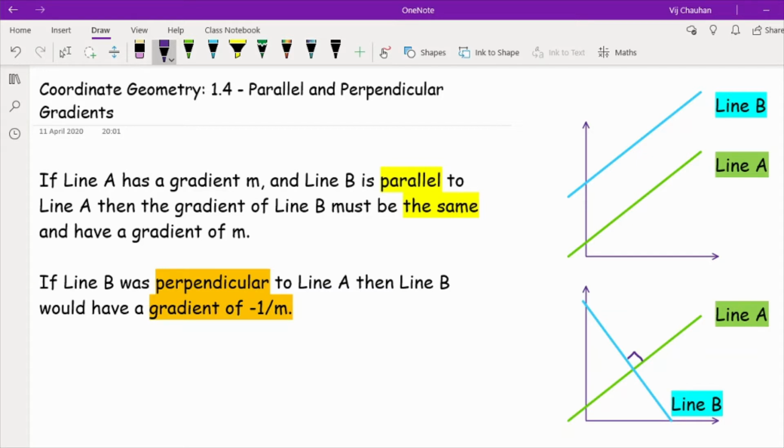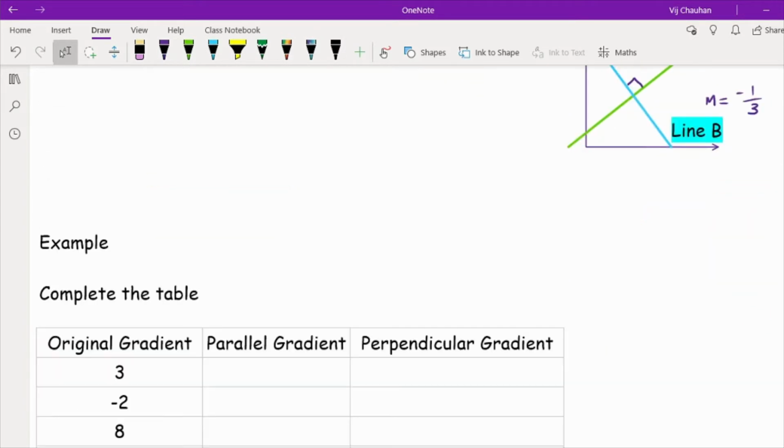So it's like the negative reciprocal. If line A had a gradient of 3, so m equals 3, then line B would have a gradient of -1 over 3. Whatever the gradient of one line is, the perpendicular line will always be the negative reciprocal of that. So I'm going to go through some examples to get your head around each of these.